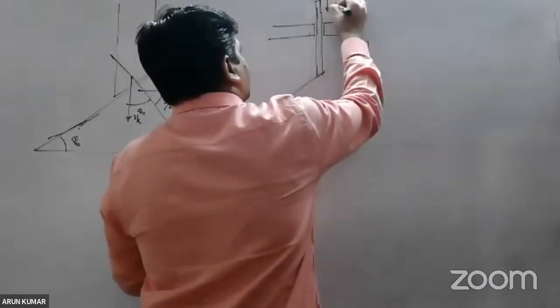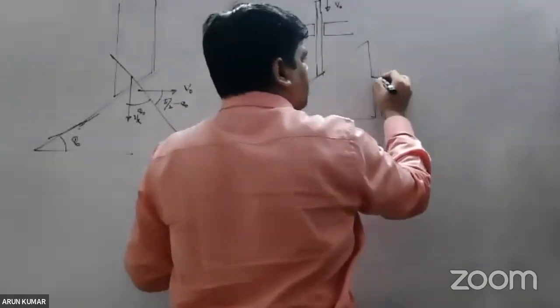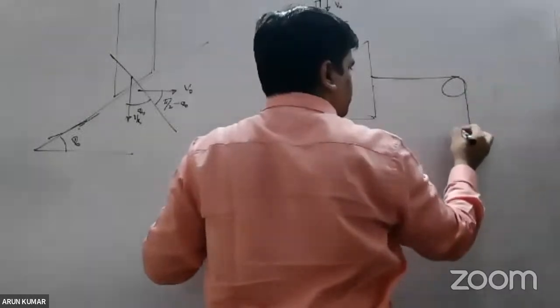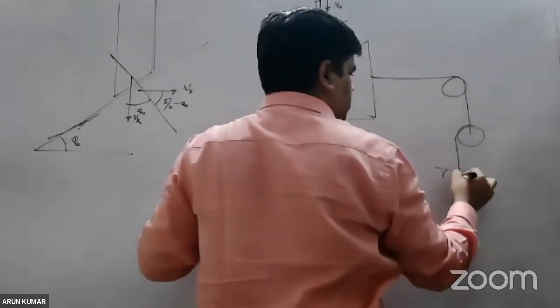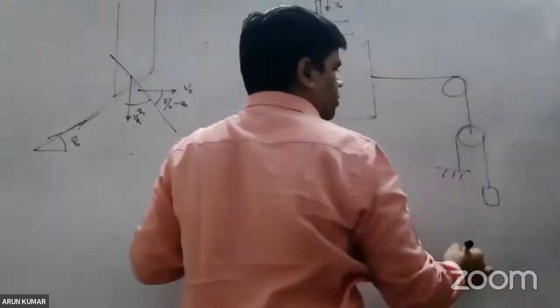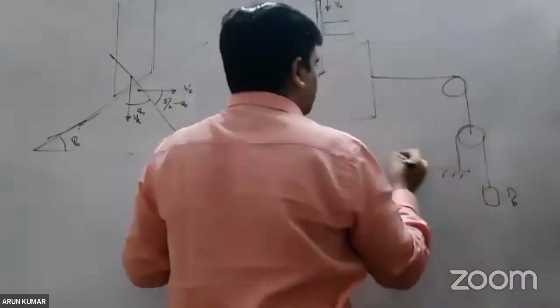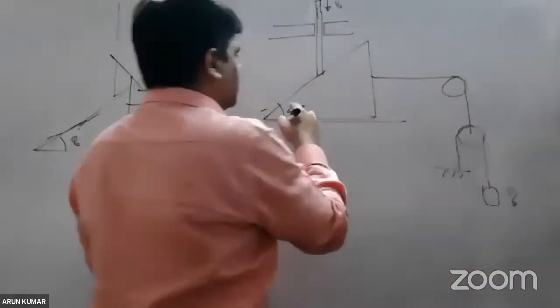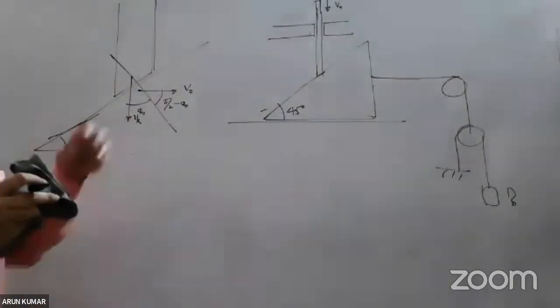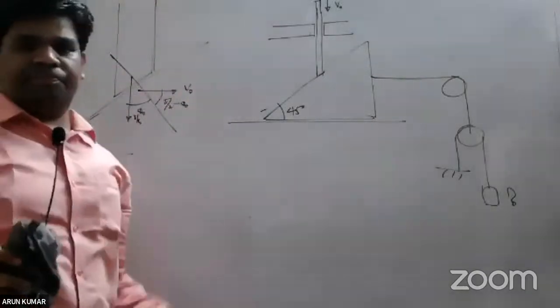This rod is coming down with velocity v naught. Find the velocity of the hanging block. This angle is 45 degrees. This rod is coming down with velocity v naught.